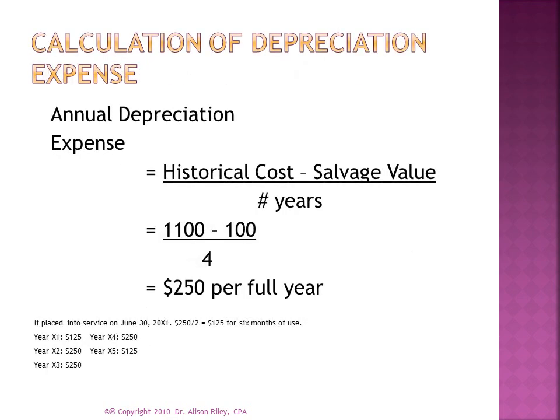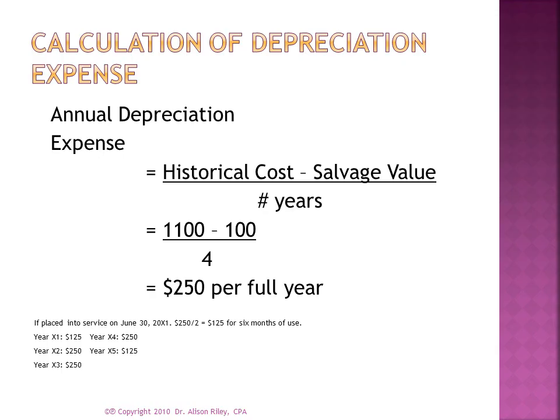To calculate 1 full year of depreciation expense on this asset, we deduct the estimated salvage value from the historical cost of the asset and divide by the expected number of years useful life. Salvage value is our estimate of the amount that we could exchange the asset for when we're finished with it.